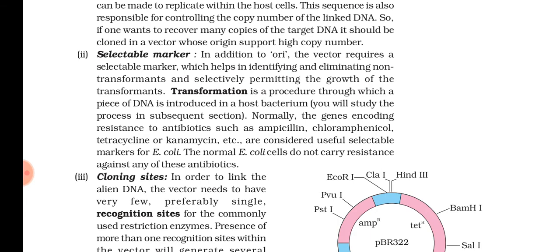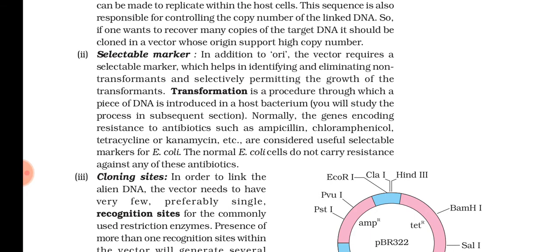So you have to identify the successful ones from the other ones. The ones which have the gene of our interest, or in which recombination has successfully happened, are known as transformants.